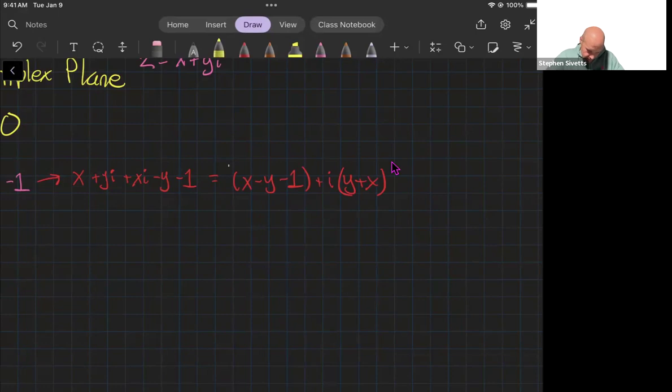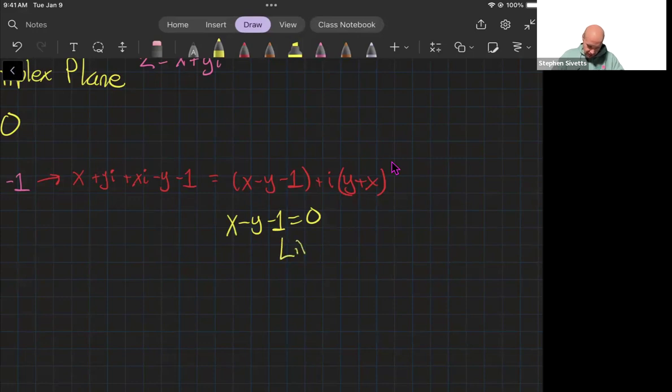So this portion is the real component. All we want to do is figure out points x and y such that x minus y minus 1 is 0.